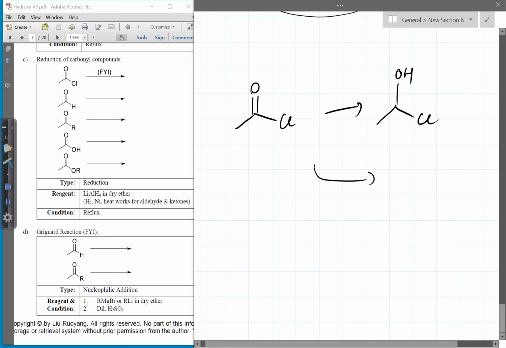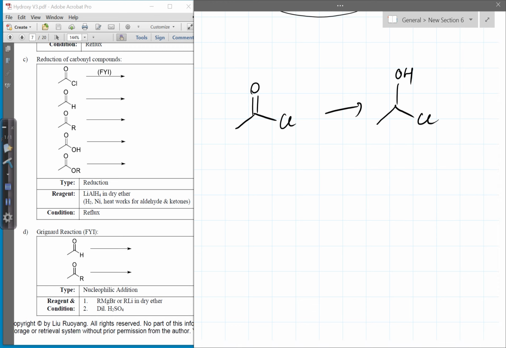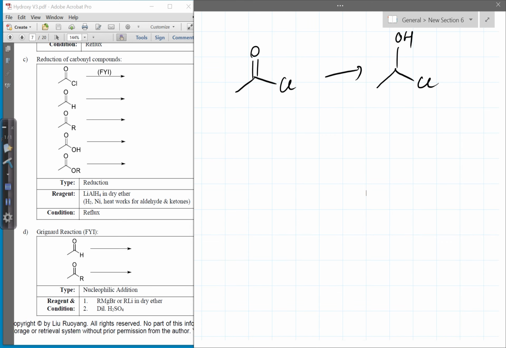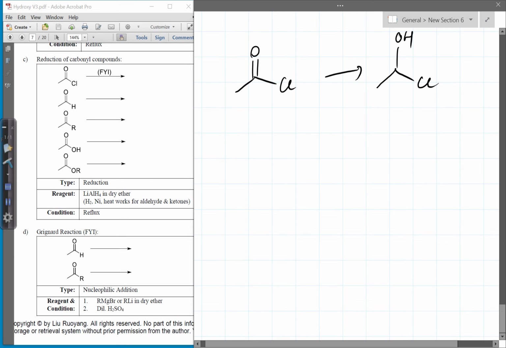If you reduce this, what you'll get is this. We will talk about this again when we talk about carbonyls, because you will need to analyze the mechanism before you understand why you obtain this product. So just KIV for the first one. For the second one, it should be quite easy: you will generate your primary alcohol.